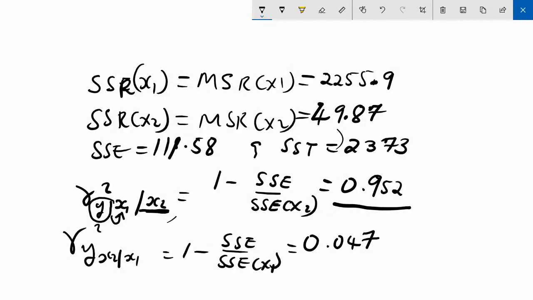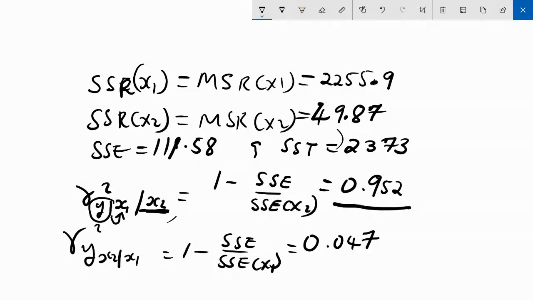I repeat, holding constant the effect of x2, which is the age, 95.2% of the variation in y can be explained by the variation in x1.